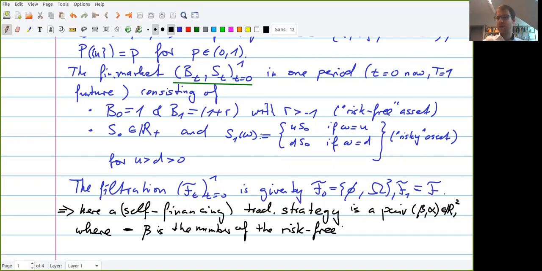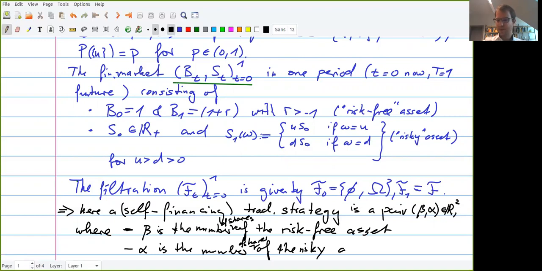What we do is at time 0, we buy beta shares of the bond, and alpha shares of the risky asset.